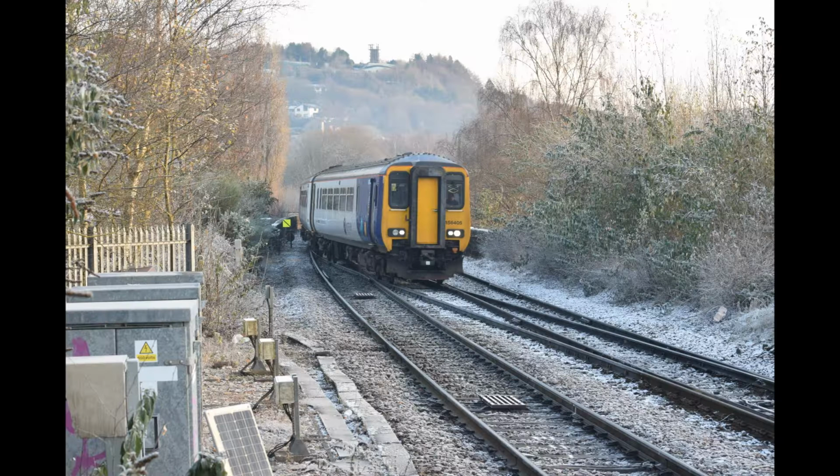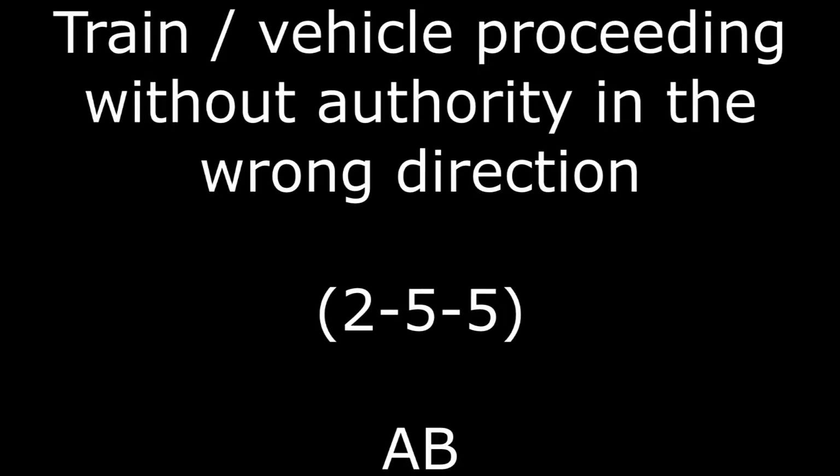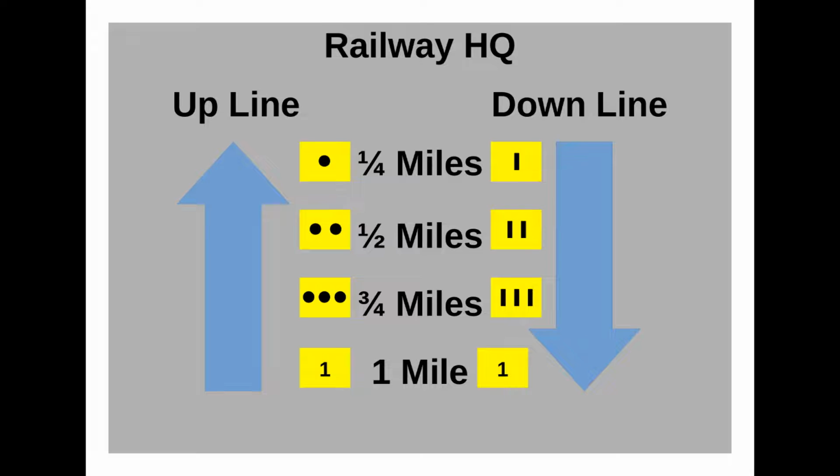So if we've got a train or a vehicle proceeding without authority in the wrong direction, it's 2 pause 5 pause 5. With lines, we often have an up and a down direction, and trains will only go in one direction on that line.